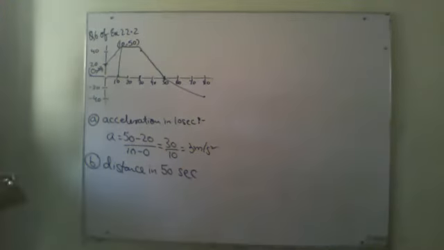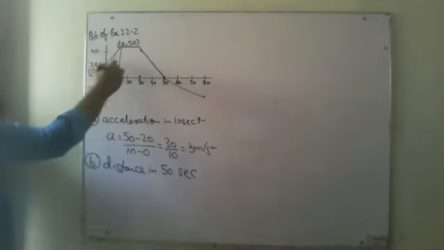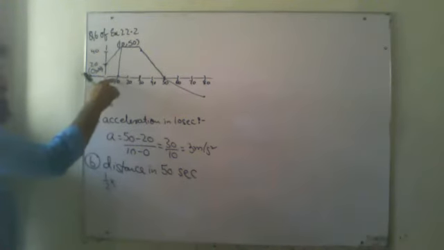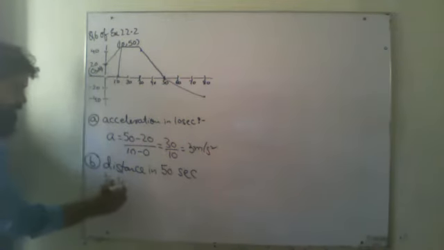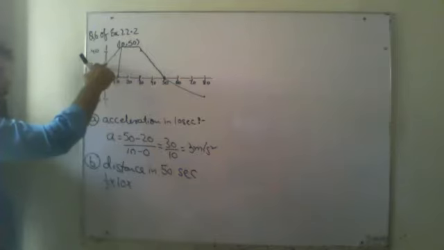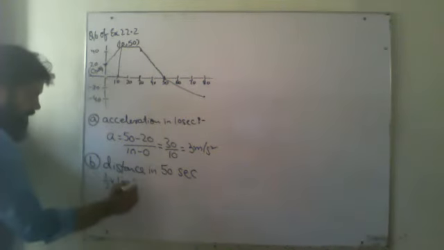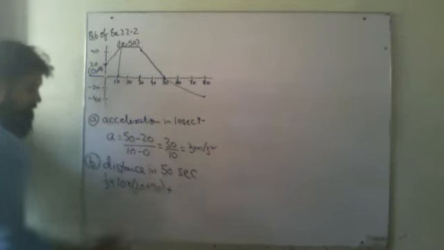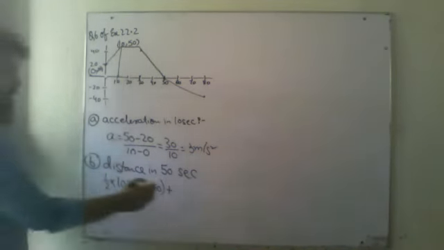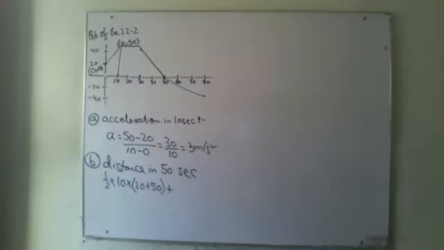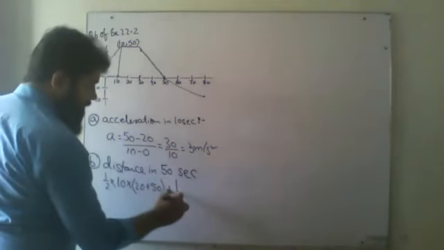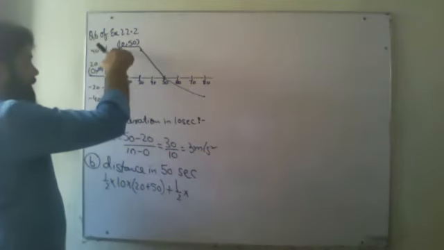Okay, how am I going to solve it? First of all, for this one, half into what will be my base? My base will be 10 into the parallel sides, these two. So this is 20 and this is 50, 20 plus 50. Plus, coming over here, half into what will be my base now?